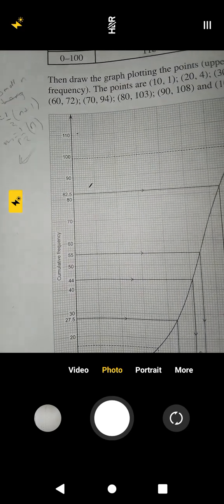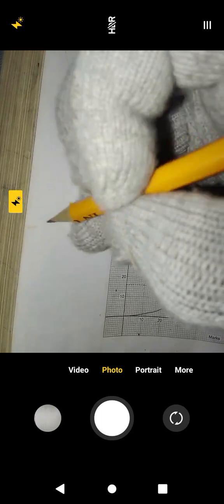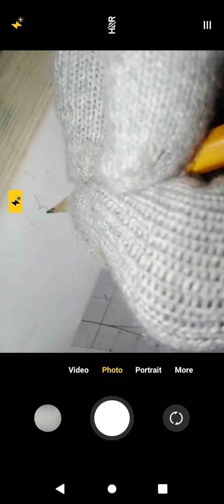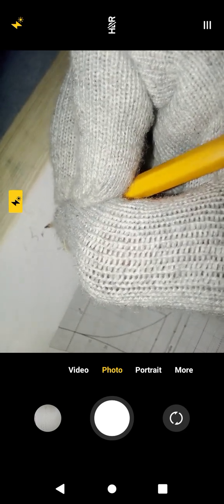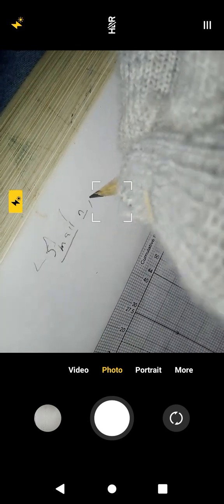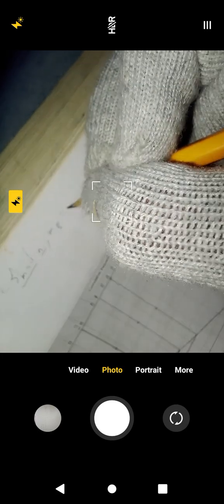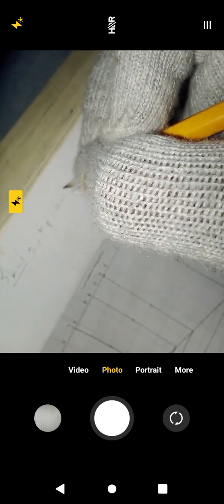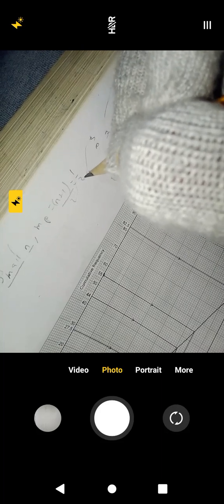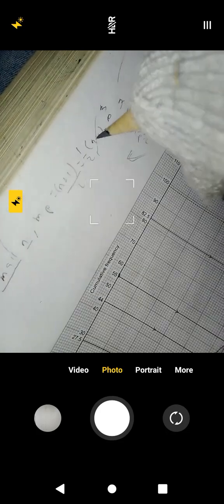What I'm trying to say is, if our n is small, then the median position is n plus 1 over 2, which is just 1 over 2 times n plus 1, the usual median position we've used.